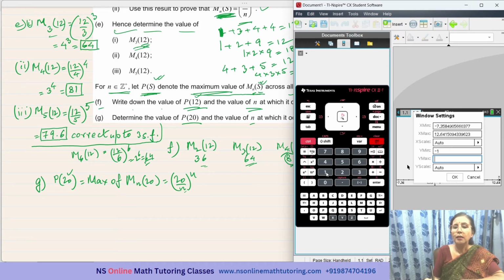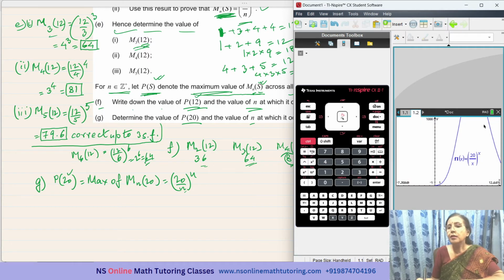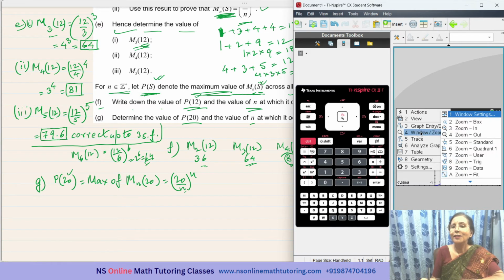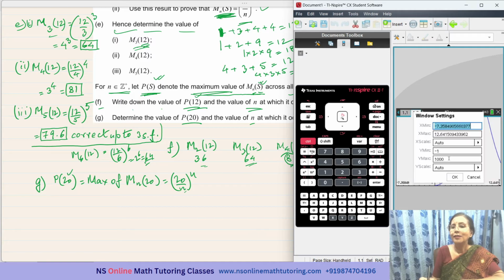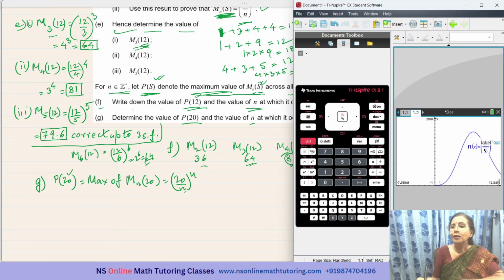What should I be taking? Let me take 1000 first of all. Doesn't fit. So I have to take more than 1000, 2000. Enter. Yeah, now it works.